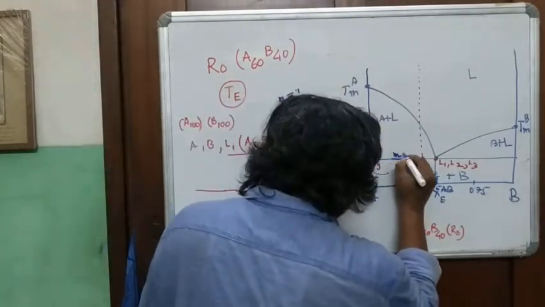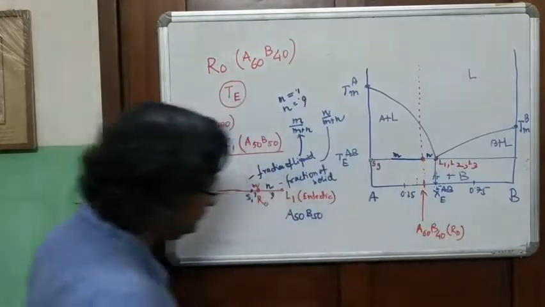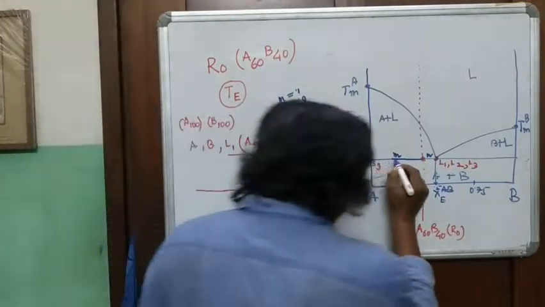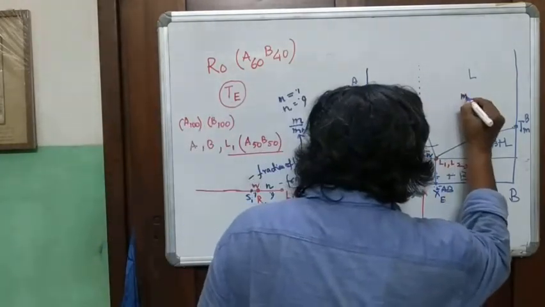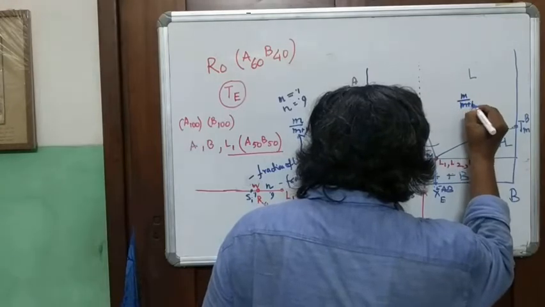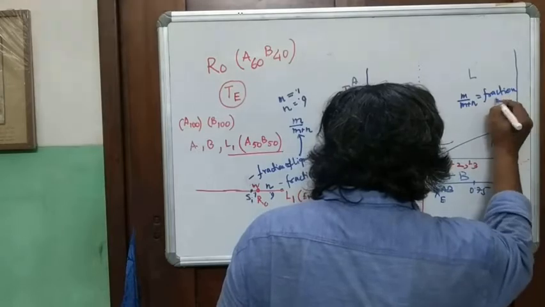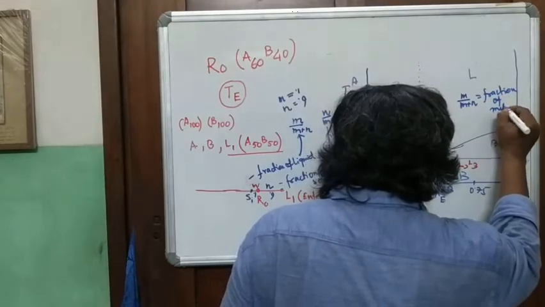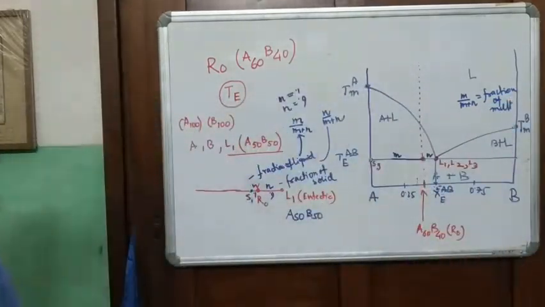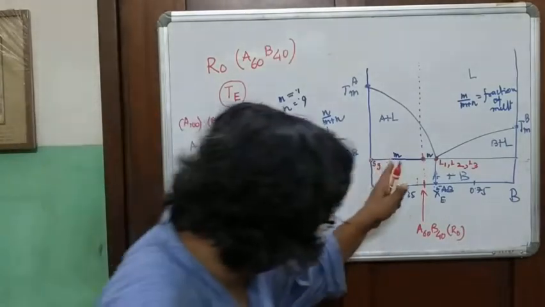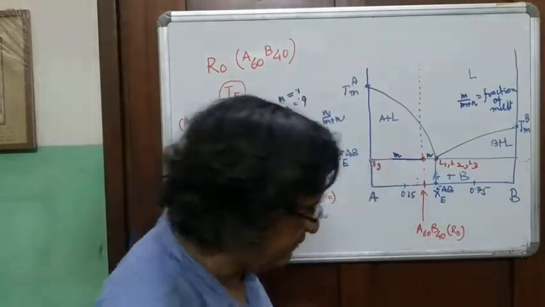This is M, this is N. So here, M divided by M plus N is the fraction of melt. Do you understand? M divided by M plus N is the fraction of melt.